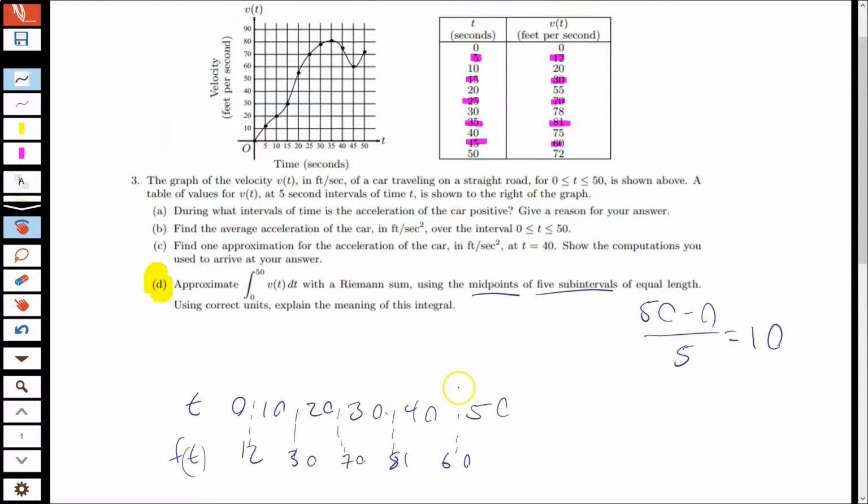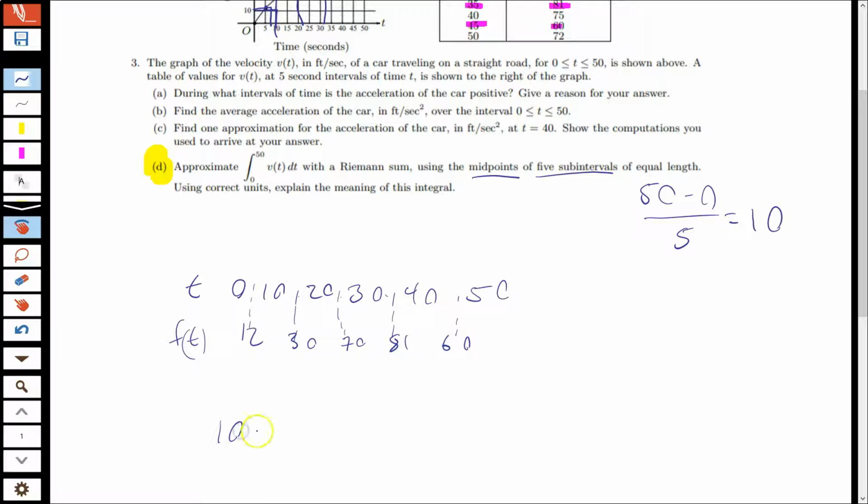What we could imagine here is that I'm making rectangles on my graph too, so you could also think about this graphically. These midpoints are what we're using. So I could draw this in the graph as well. We're just finding the area of these rectangles.